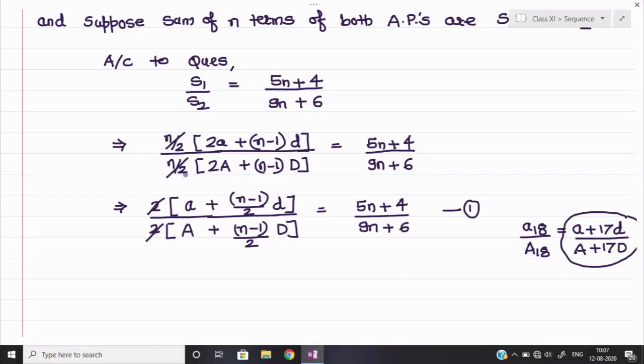So observe now my coefficient of a is coming the same. In the requirement the coefficient of d is 17, and I am getting the coefficient of d as (n minus 1) upon 2.